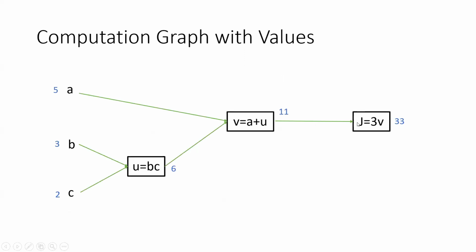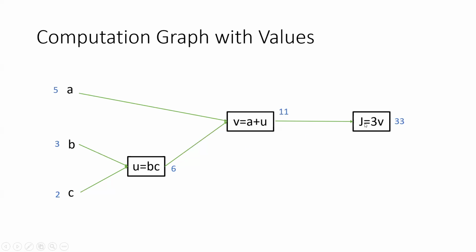When there's a certain difference in J, the cost, when there's a little bit of change in cost, how much should this V variable be changed, whether positive or negative, and how much? And then how much should the U variable be changed, positive or negative, based on this J change?